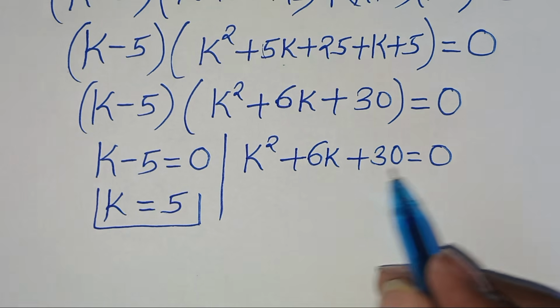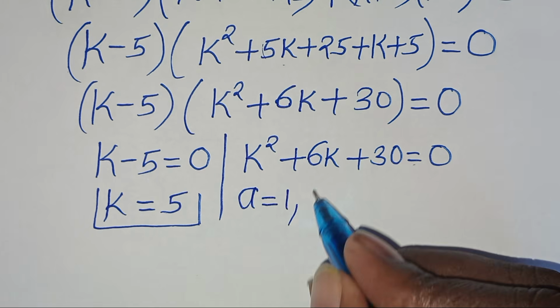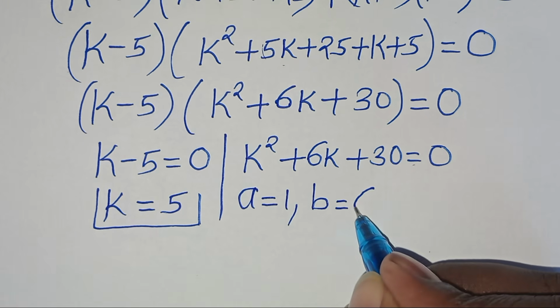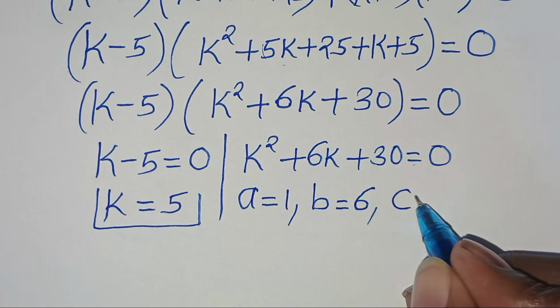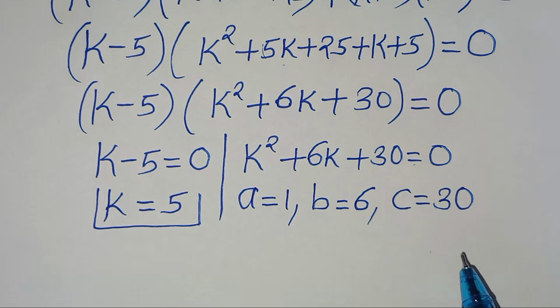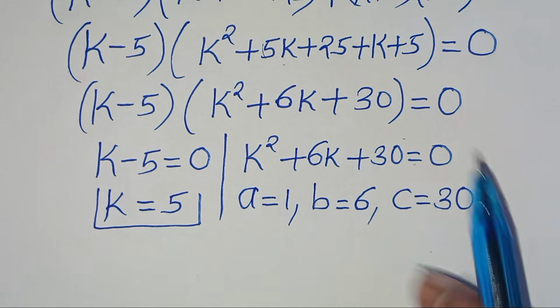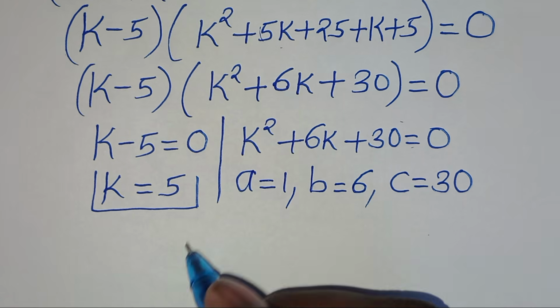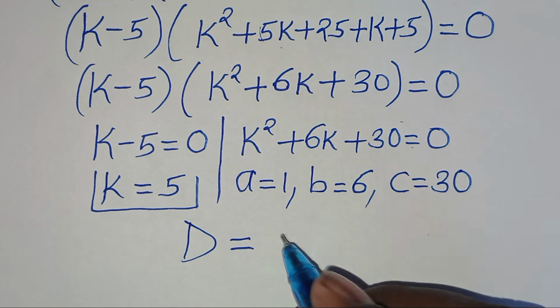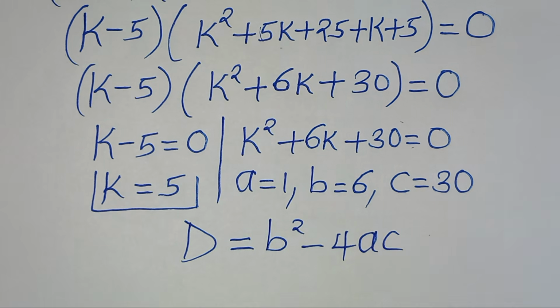Now, we have a quadratic equation here where a is equal to 1, b is equal to 6, and c is equal to 30. Now, let's assess the nature of the roots of this quadratic equation by determining the discriminant value, which is b squared subtract 4ac.